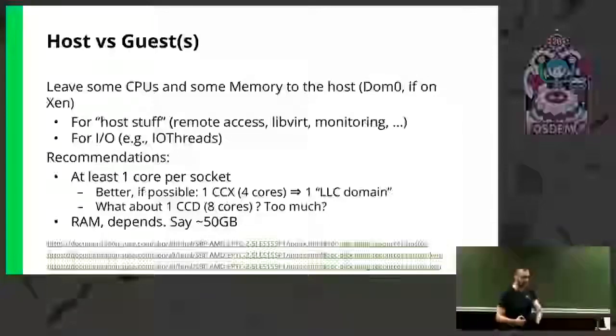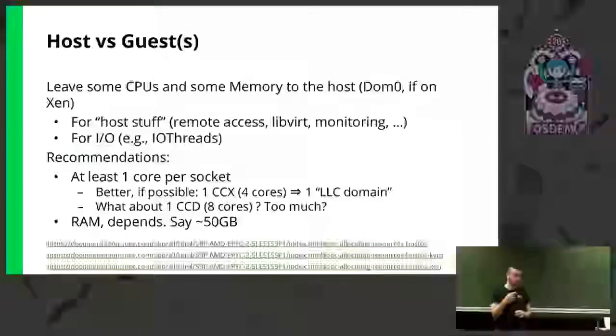Although on this particular architecture, it will be better if you manage not to break, for example, what we said before, the CCX, because otherwise you will have some of the VMs and the host sharing L3 caches, which is generally not something that you want for good performance.